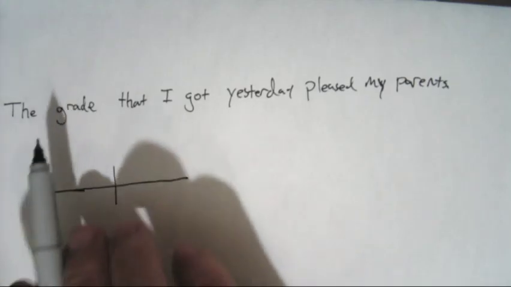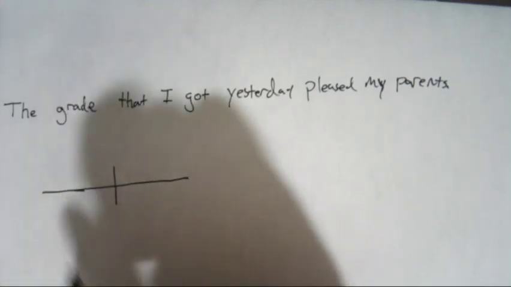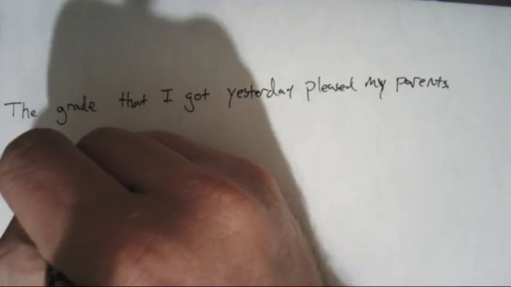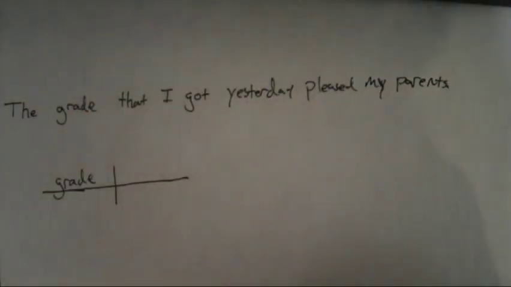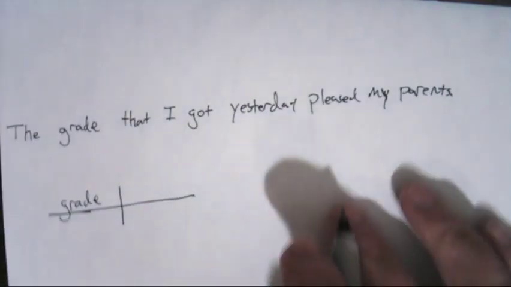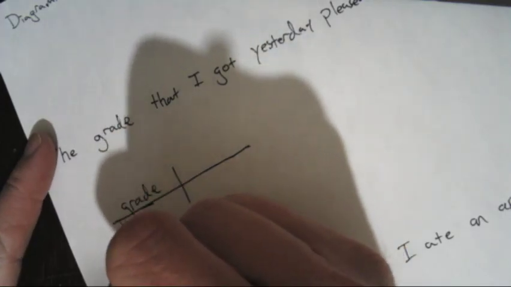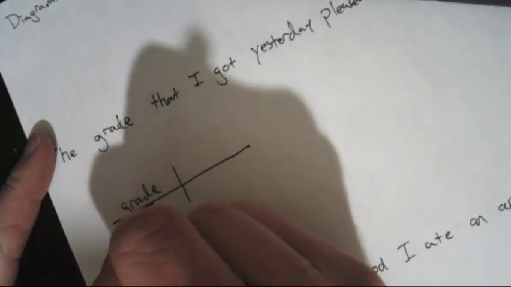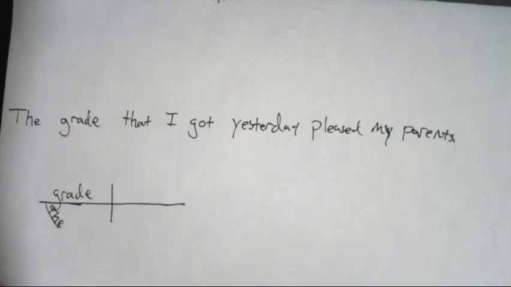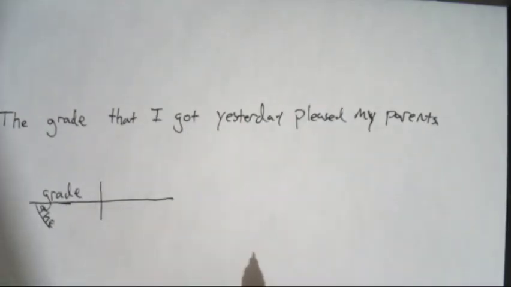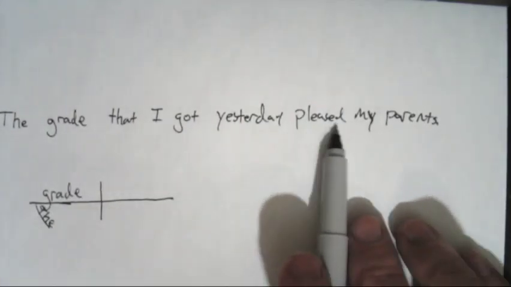Well, grade. That's our subject right there, right? And we already know that the is modifying grade, right? That's an article. What's the grade doing in the sentence? Or what did it do? It pleased.